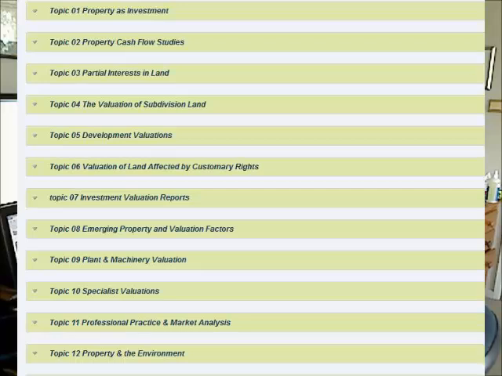As I mentioned at the outset, the partial interest and that cash flow ability is pretty much your core technical skill, but then it needs to be applied creatively and flexibly to a wide range of different situations, from customary property to plant and machinery and possibly environmental property issues. So that's pretty much the course in a nutshell.